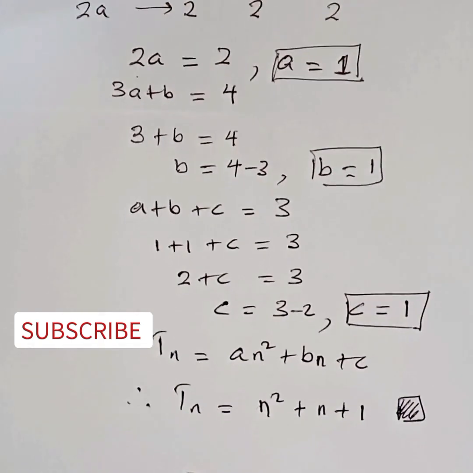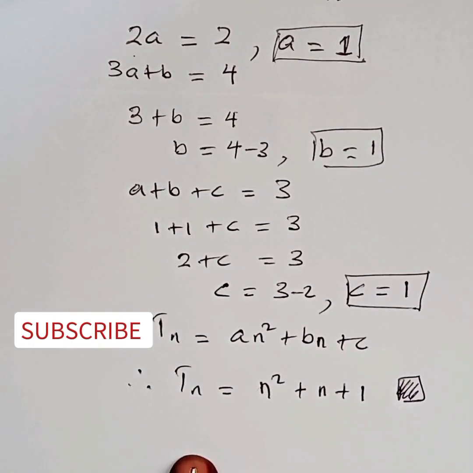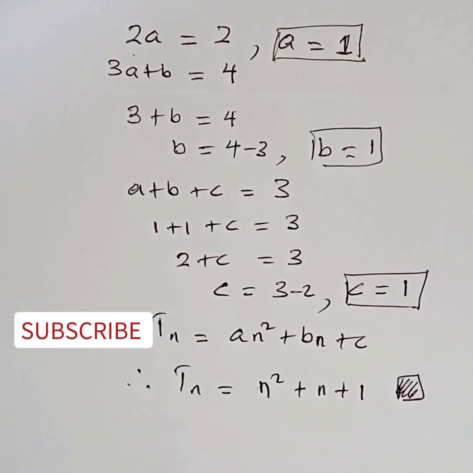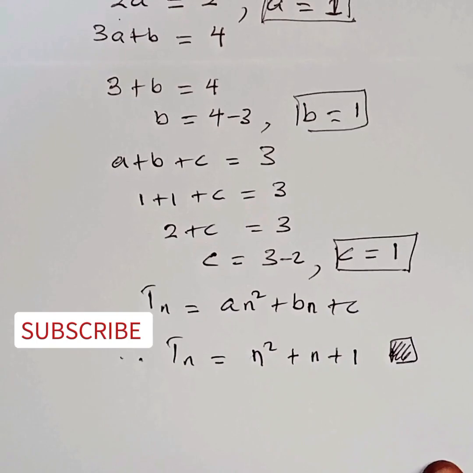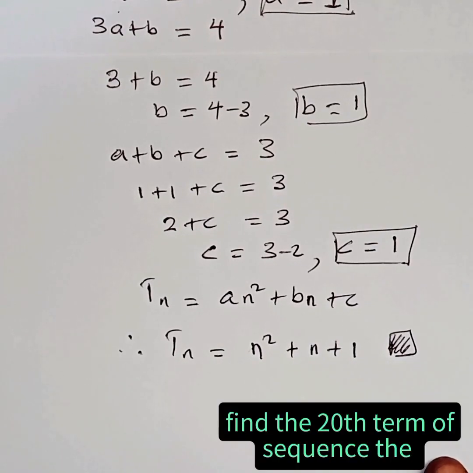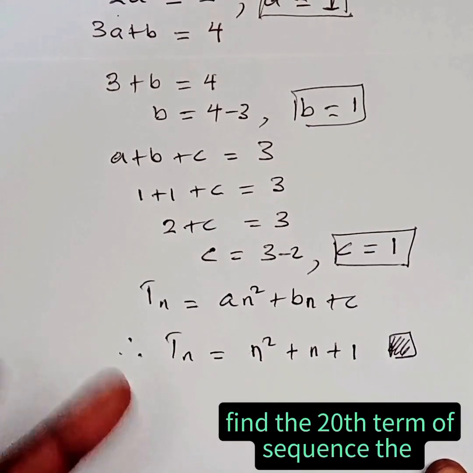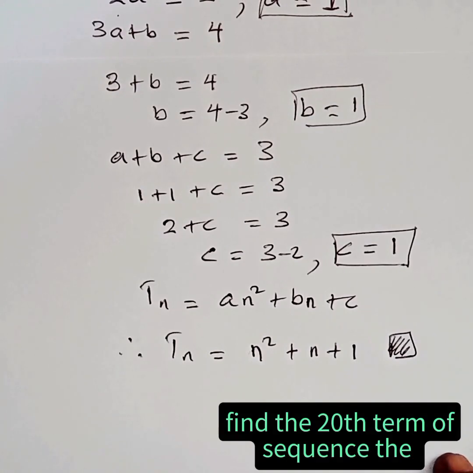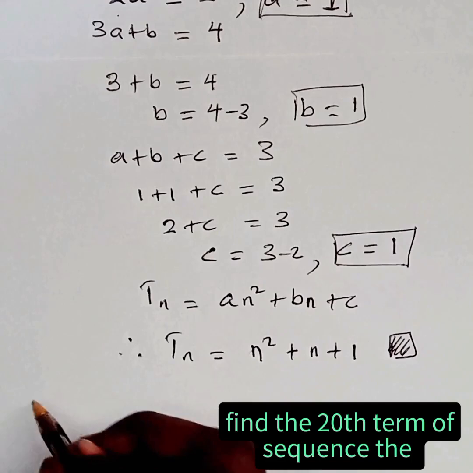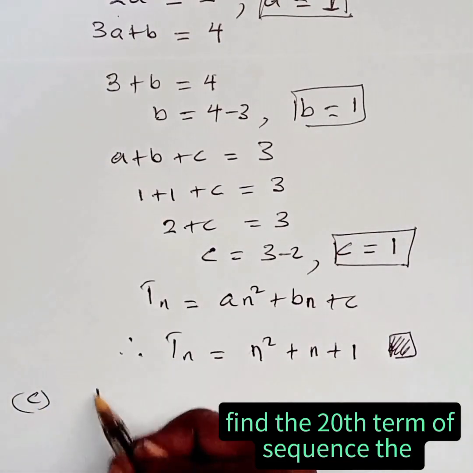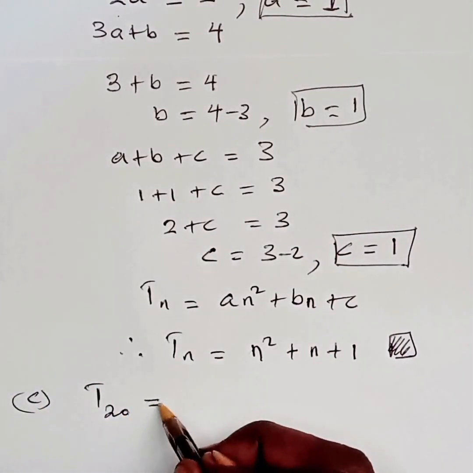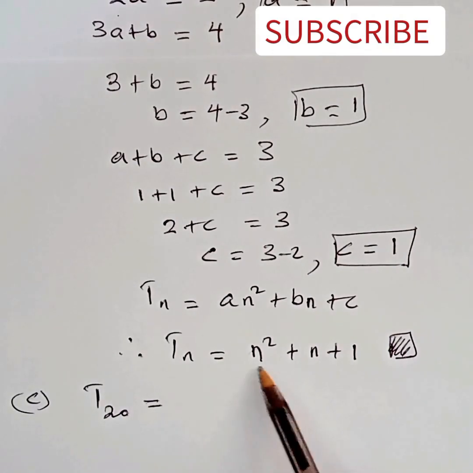Next, we need to find the 20th term of that sequence. So we're looking for T20. This was part B, and now we're moving on to part C. We're looking for the 20th term. So T20 is equal to, wherever there's n, we're going to put 20.